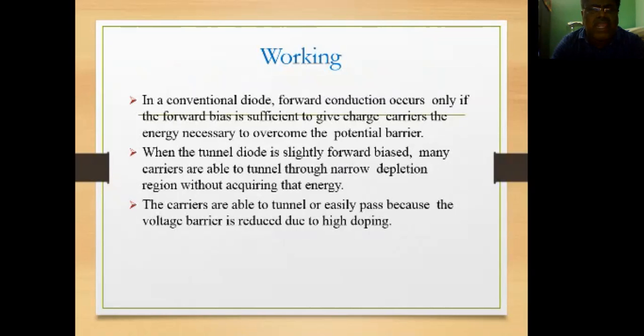The carriers tunnel easily because the voltage barrier is reduced due to the high doping. The voltage barrier in a PN junction diode is very important, and whenever it is heavily doped, the barrier is reduced.